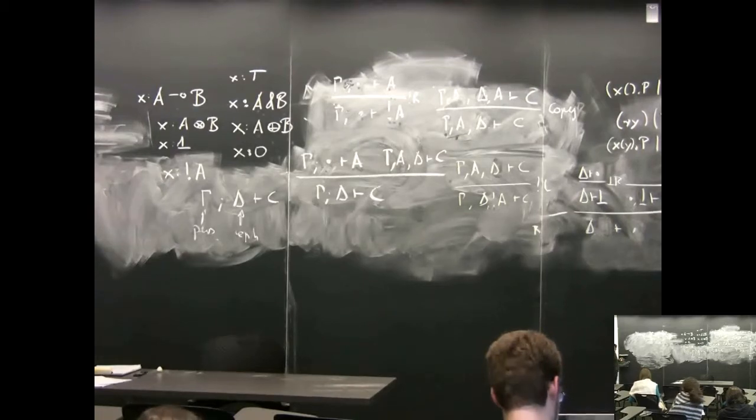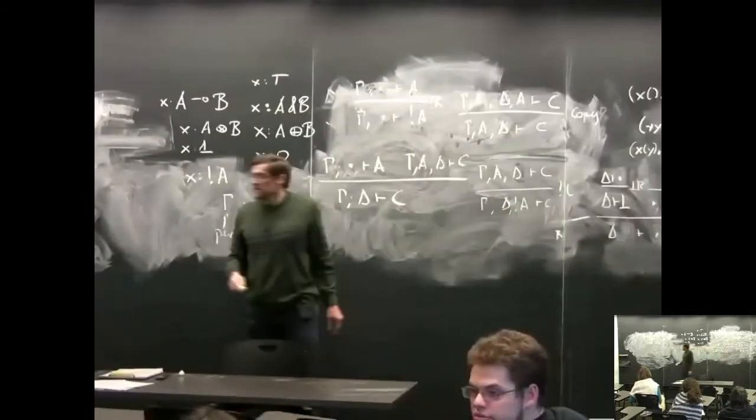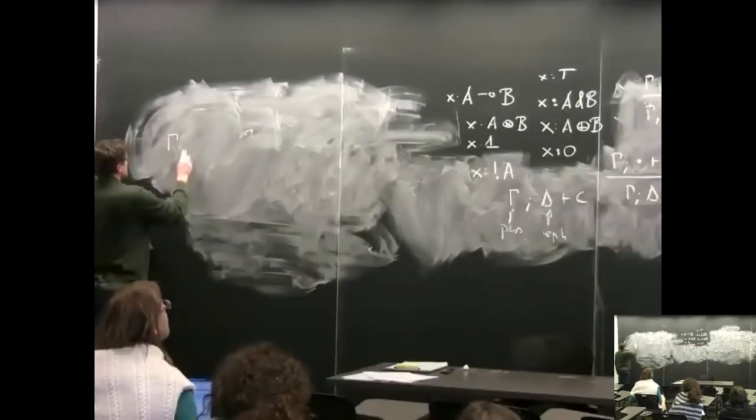So the question is, what does this rule mean computationally in the pi calculus? That's what we're looking at. Of course, many of you don't know the pi calculus. We'll have to figure it out some other way.